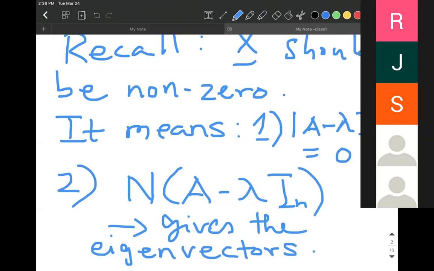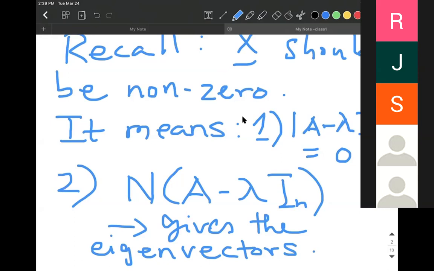You see that this null space of A minus lambda I_n gives all the eigenvectors for a given eigenvalue. And in general, the null space of a matrix is a vector space, or a subspace of a vector space, so there are infinitely many vectors. All such vectors will be an eigenvector for this given eigenvalue lambda.